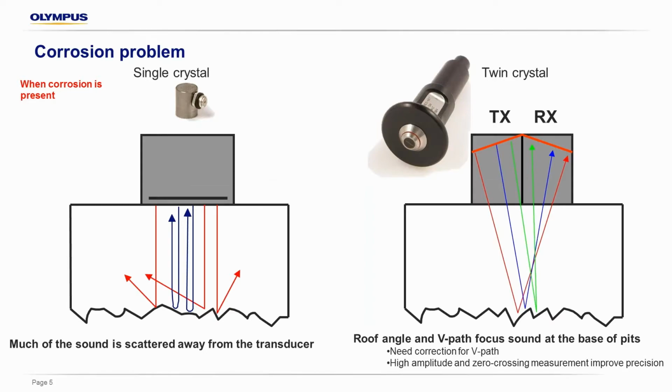This V-path would focus the sound at the base of the pit, and in this way you would have a lot more sensitivity from the corrosion.